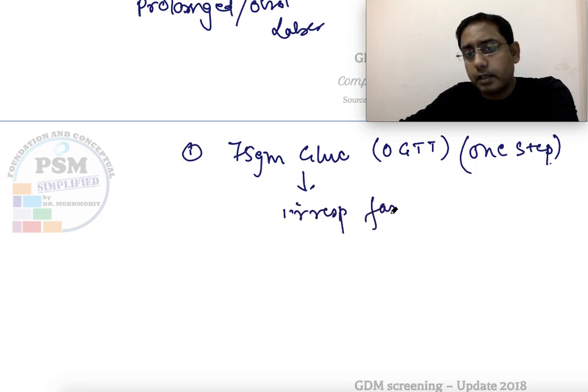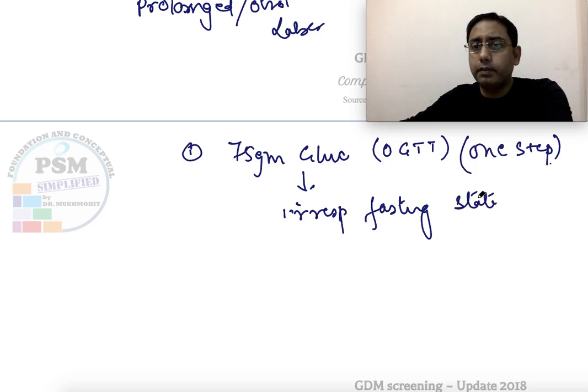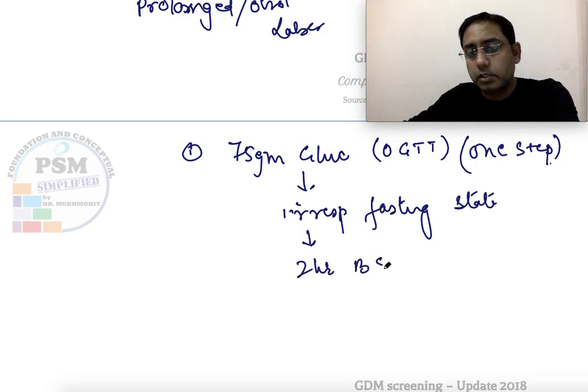Irrespective of the fasting state, we will give 75 grams of glucose, and after 2 hours we will check the blood sugar.